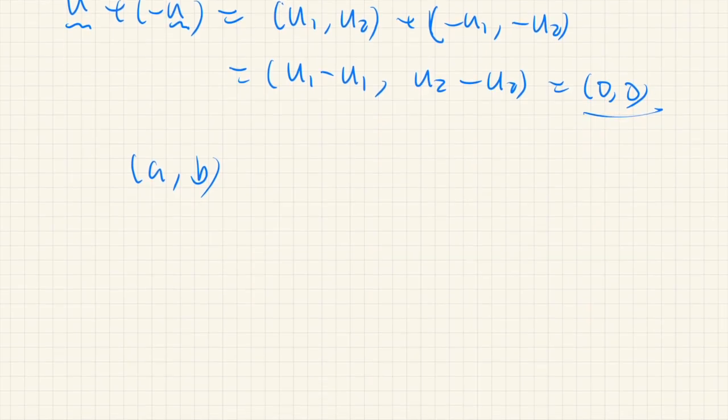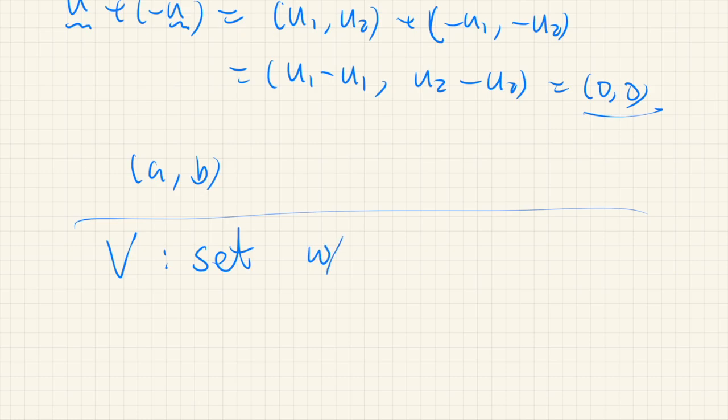Now, we reverse this argument. That is, we first specify some set, any set, that comes with an addition between elements of this set, and scalar multiplication somehow defined.